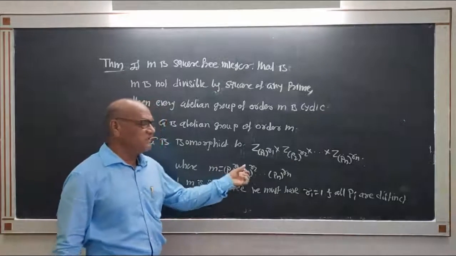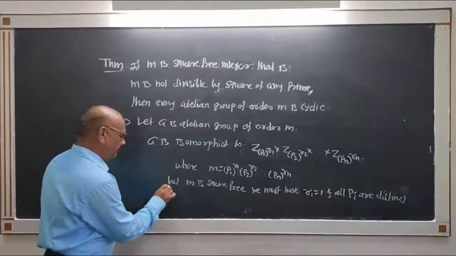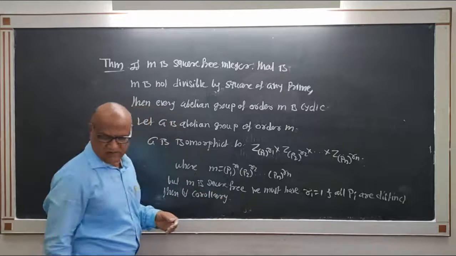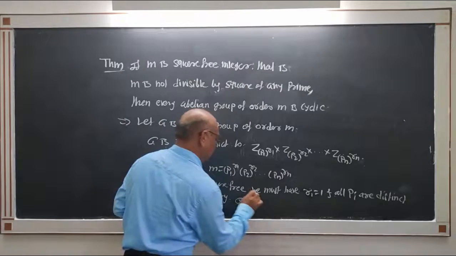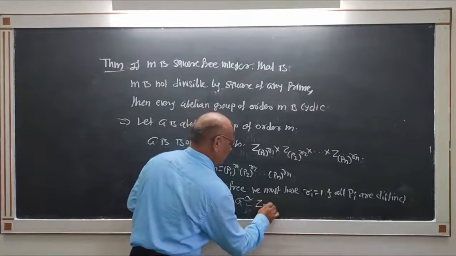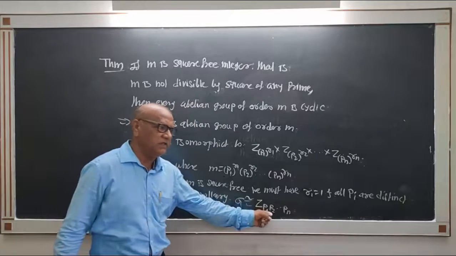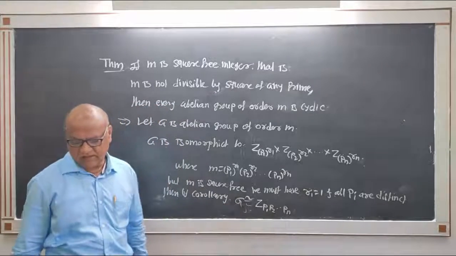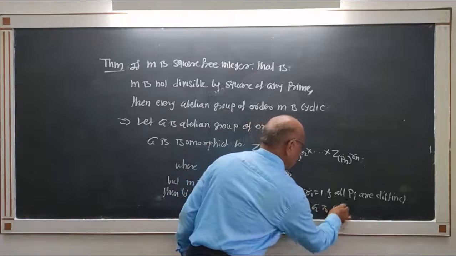So the pi must be distinct, and therefore by the corollary, G is isomorphic to Z_{p1 p2 ... pn}, and this group is cyclic, so G must be cyclic.